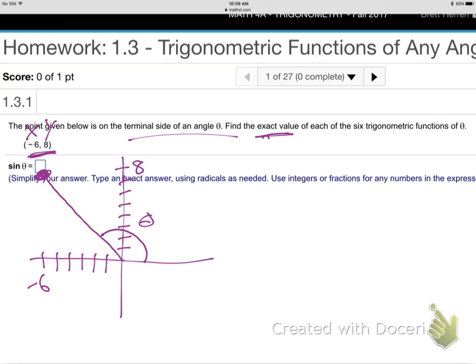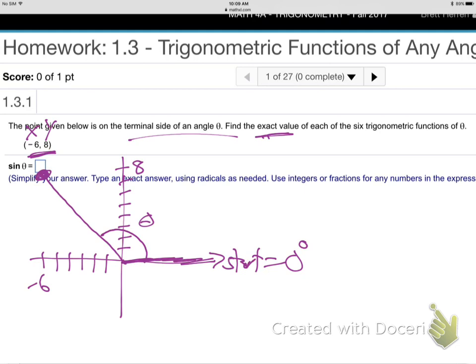Remember, we always start from here. This is always 0 degrees. This is always where we start our angles, the positive x-axis. So starting from there, going to the back 6, up 8 line. You with me? So this dot here is back 6, up 8. From 0 degrees to that, that's the angle theta they're talking about.